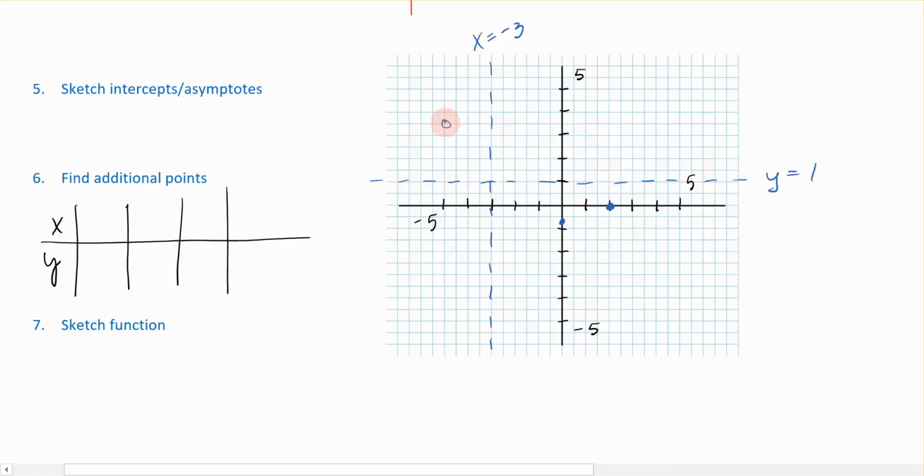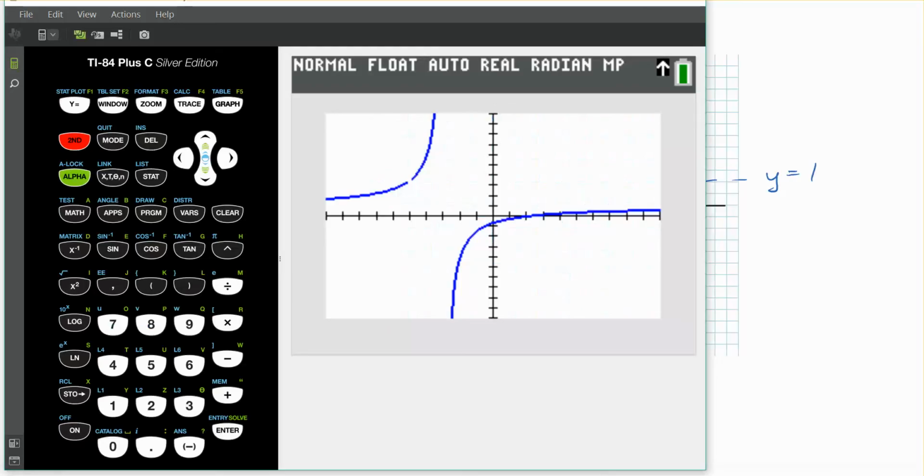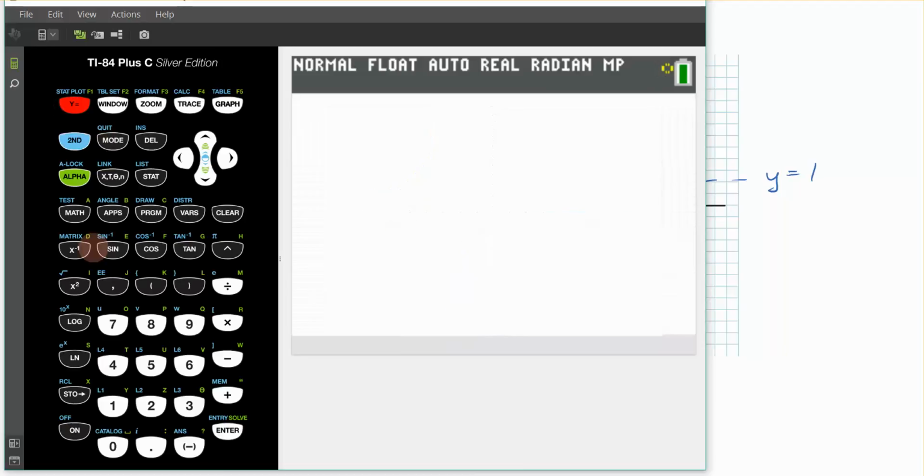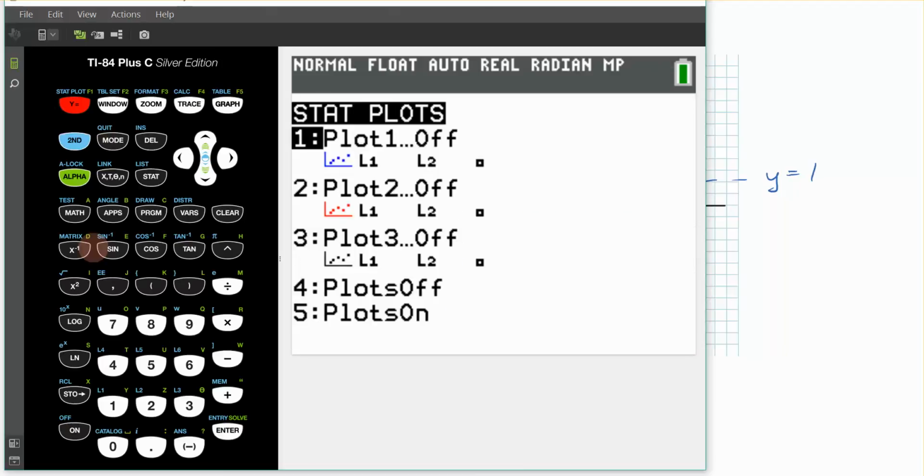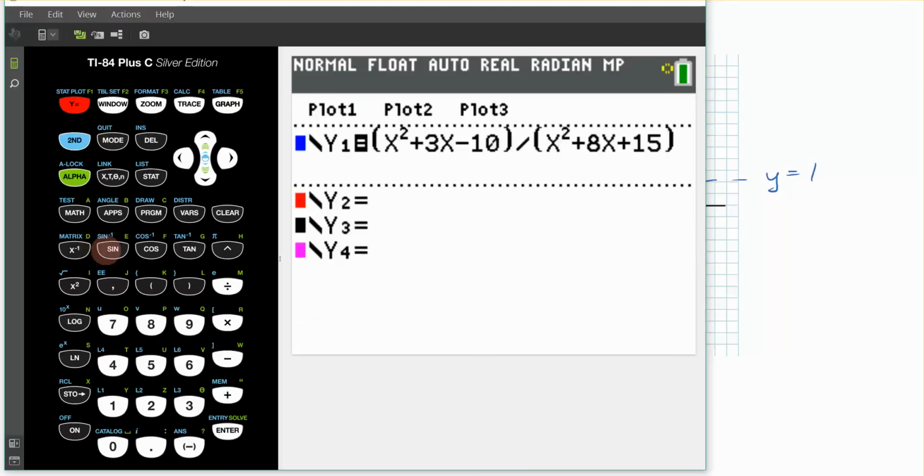Now remember, once we get the intercepts and the asymptotes on my graph, I'm going to put this into my calculator, which I've already done. When I put the function into my calculator, I went ahead and graphed the entire function. I could have graphed the reduced function because they're exactly the same thing.